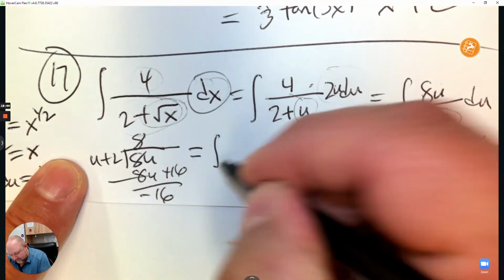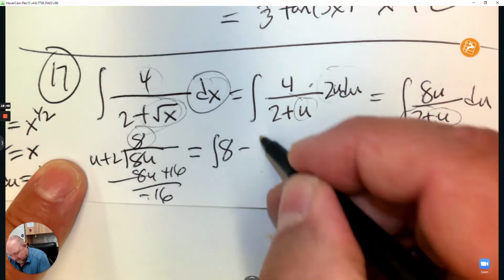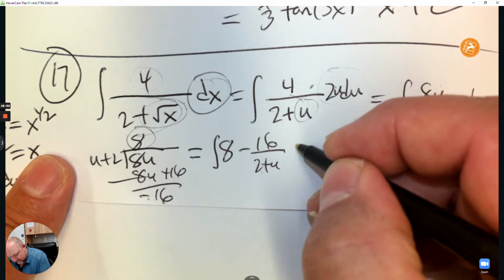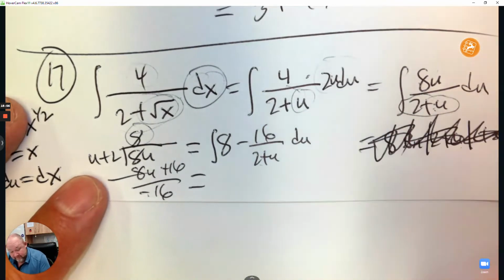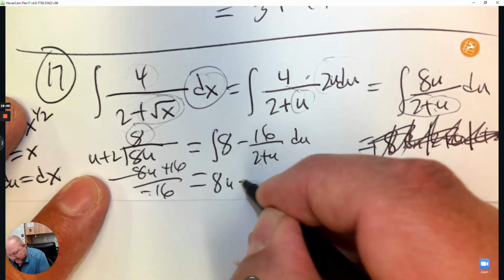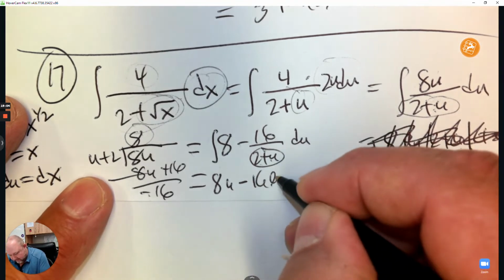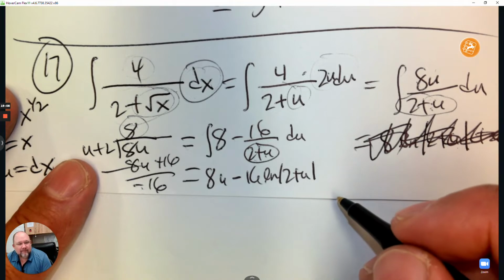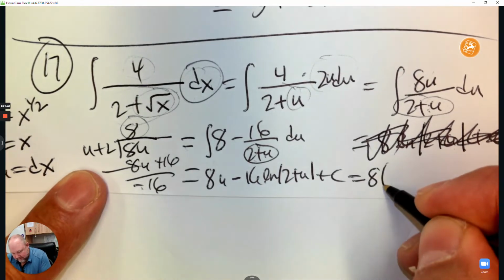So integrate. We have 8. We have negative 16. Now we can do the antiderivative, and then you've got to plug back in. The antiderivative of 8 is 8u. The derivative here is 1, so 16 will be in front, and then ln 2 plus u, plus c, and then put u back in.